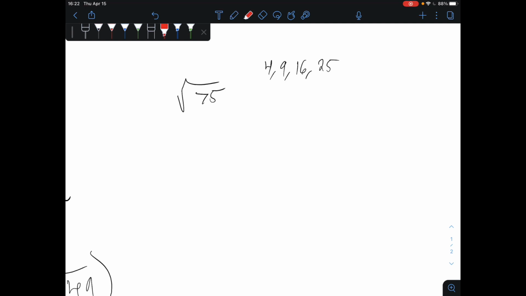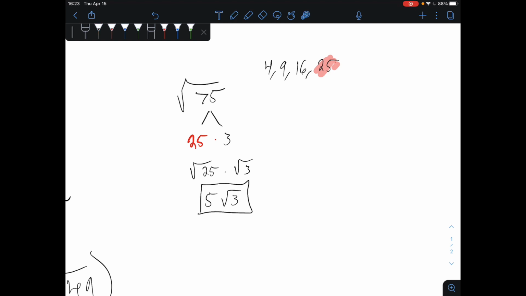Okay, let's see if we can use 25. If we split this term up into 25 times 3, that's the same thing as the square root of 25 times the square root of 3. And then this simplifies down to 5 square root of 3.